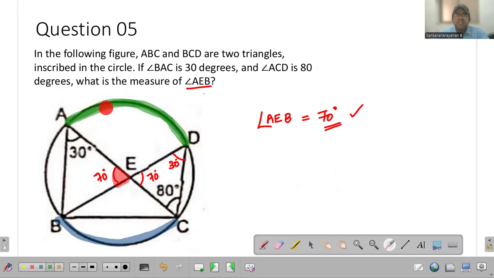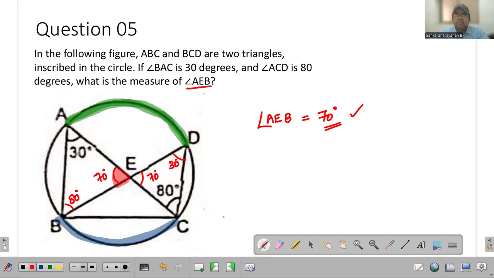In the same manner, within this AD itself, we have got ABD. So this also should be 80 degrees. Don't you see that? Just an add-on. I just thought I shall present it here. So that is 80. Fine. So please make a note of the same.